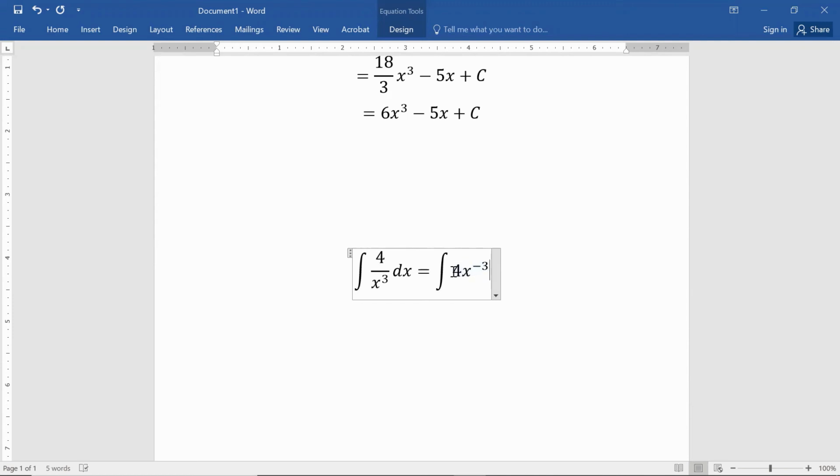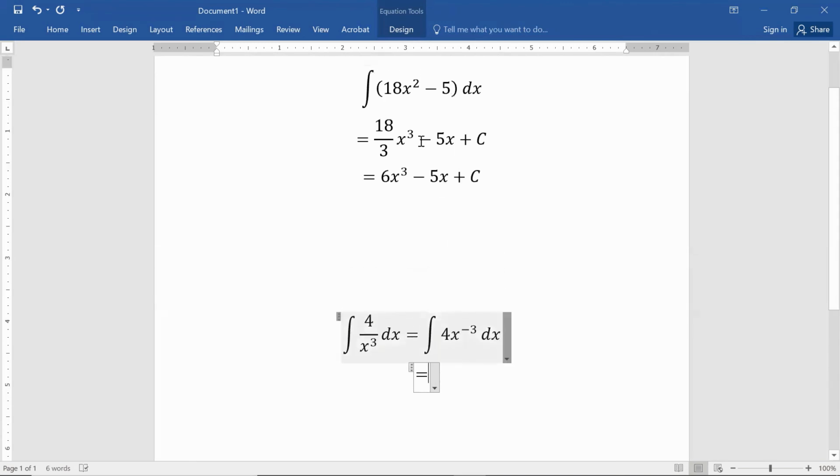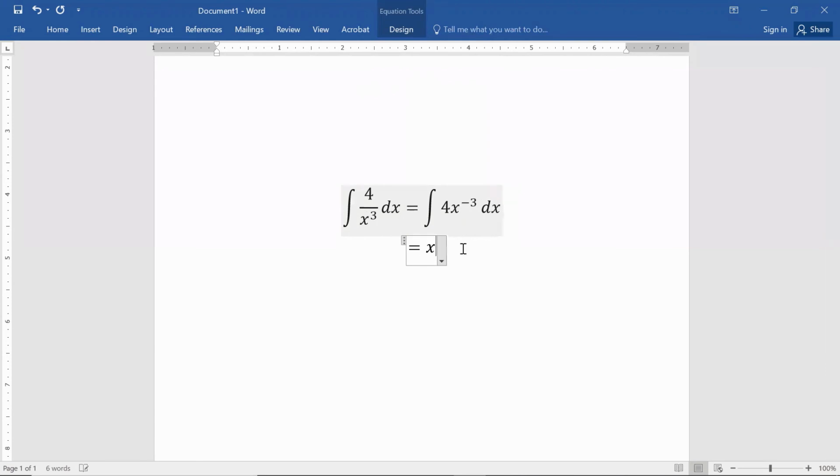This is equivalent to 4x to the negative 3 integrated with respect to x. So I can use the same rule I used up here. I can look at that x to the negative 3 power and say I want to add 1 to the exponent. Be careful, negative 3 plus 1 becomes a negative 2.